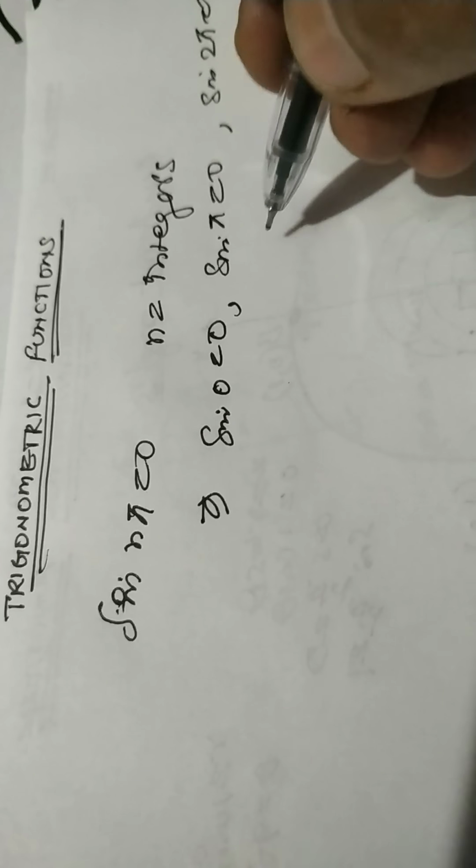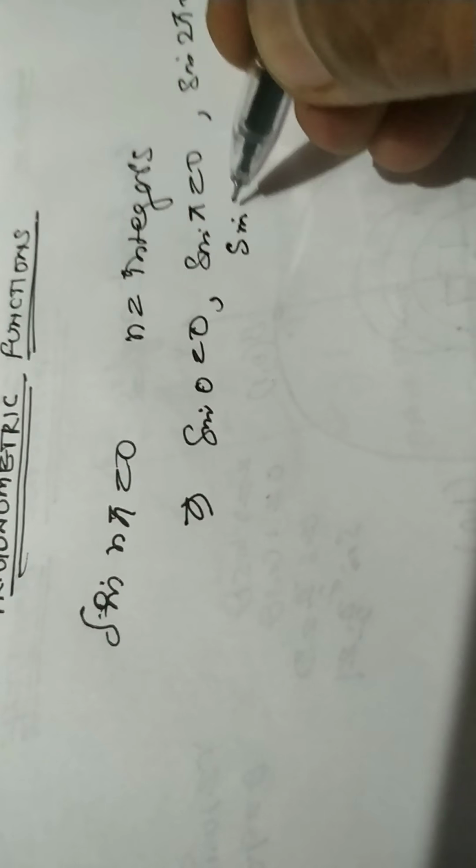This implies sin 0π, that is sin 0 degrees, is 0. If I put n equal to 1, sin π is 0, sin 2π is 0, and so on. And if I put negative integers, sin(-π) is 0 and sin(-2π) is 0.